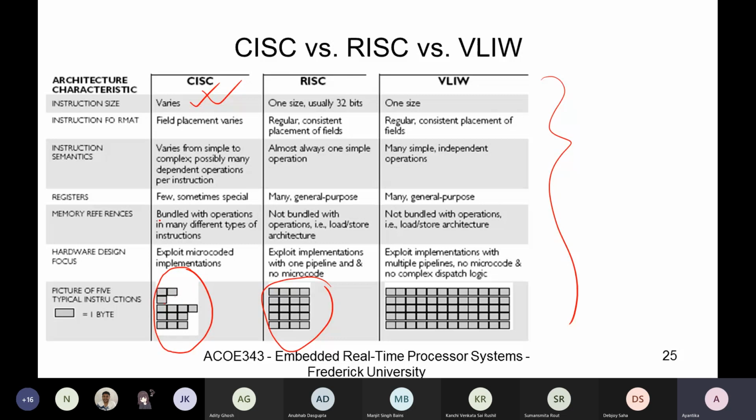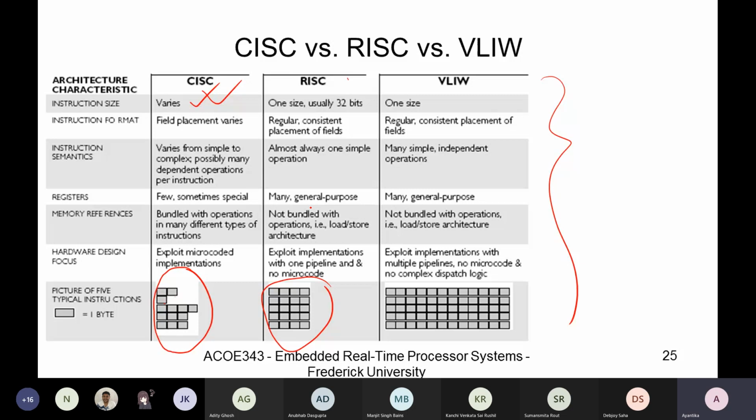Now how many of these smaller instructions you are clubbing inside the CISC instruction varies. In the case of RISC, it is fixed because those are very regular.